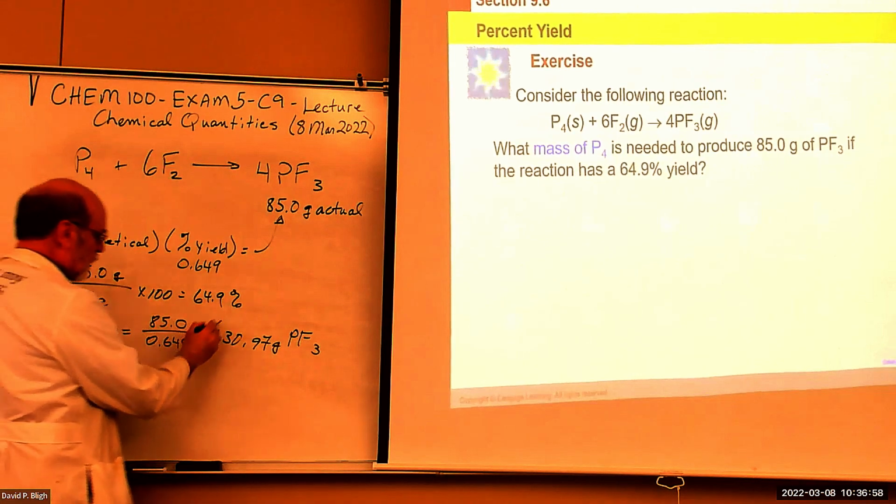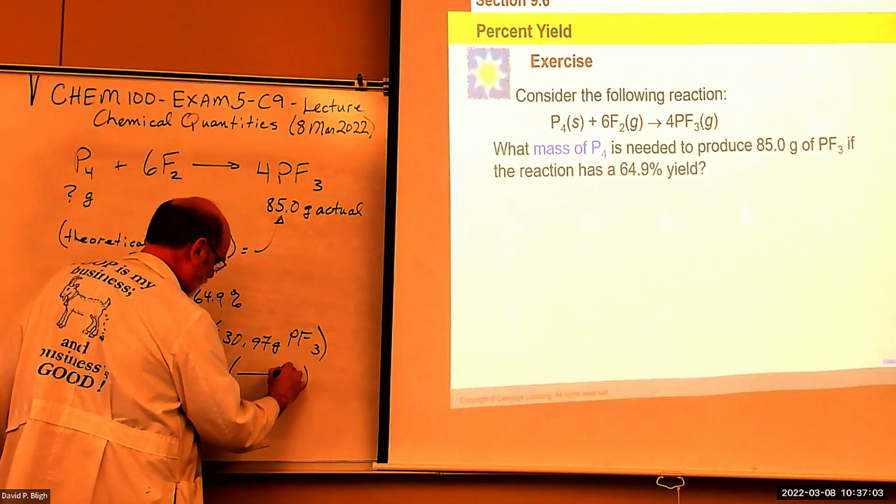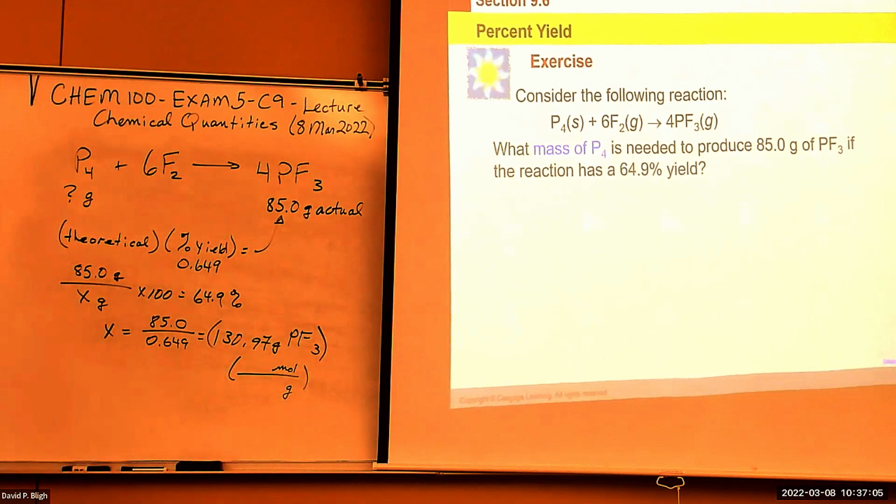Then we convert this to moles. PF3. Phosphorus is 30.97. And 3 fluorines, which is 19 each, times 3. Add those together. 87.97.